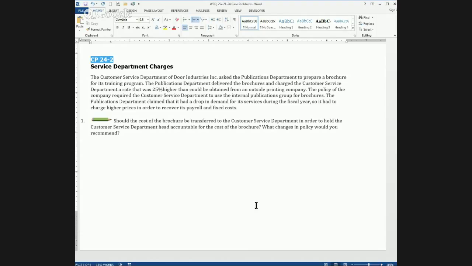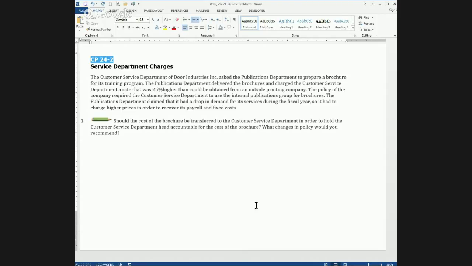The publications department delivered the brochures and charged the customer service department a rate that was 25% higher than could be obtained from an outside printing company. So, in other words, the Door Industries division was being charged more by an internal division of its own company than it would incur if it went to the outside. And why didn't it go to the outside then?